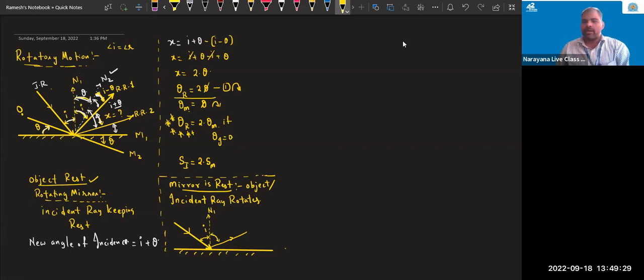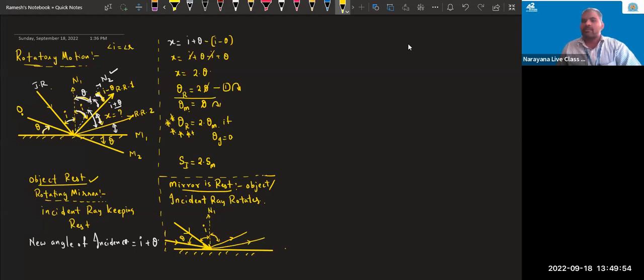Now I rotated left side. What I have done? I rotated the object anti-clockwise. Say yes or no? I rotated the incident ray. This incident ray in which direction? Anti-clockwise by angle theta. What is the new reflected ray? It will be like this only, na?